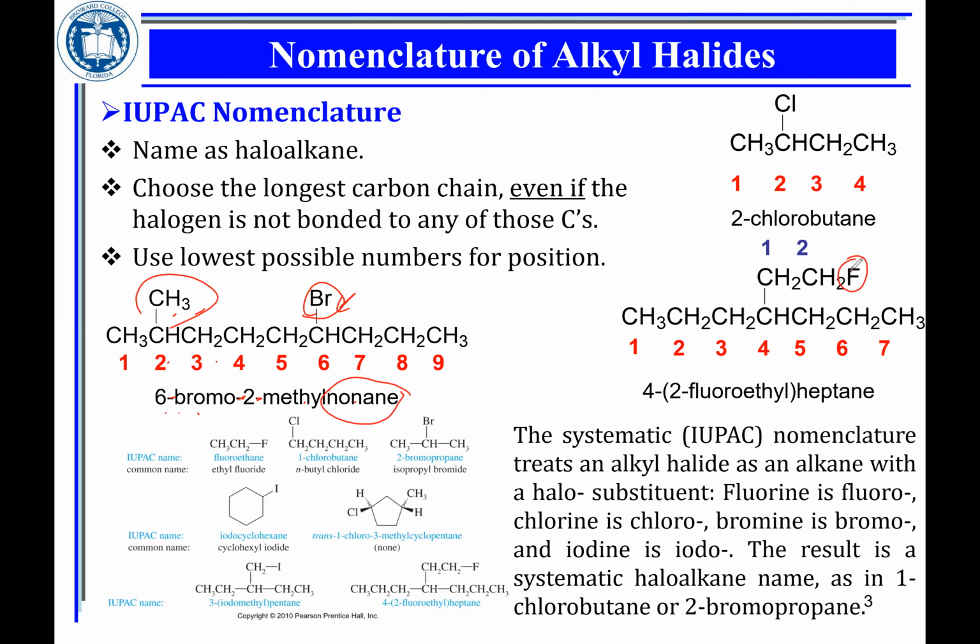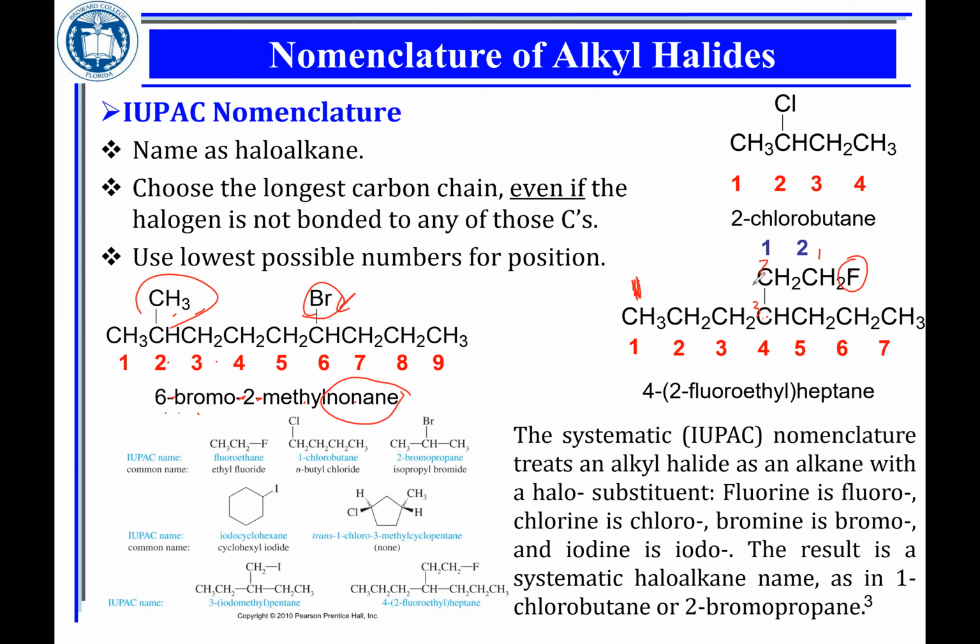If halogen had taken the priority, you would have to go 1, 2, 3, and then continue on the branch. But in this case, the carbon chain takes the priority, and you would start from either side.